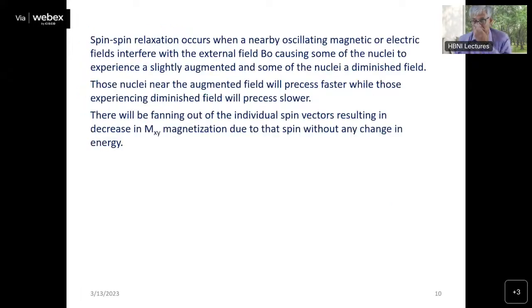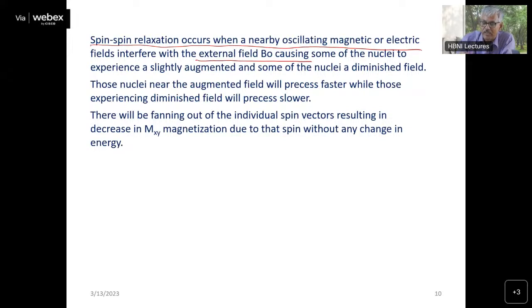But in a real case, this is not that true. So there is actually spin relaxation, and you have to know the mechanism. How does the relaxation happen? It is because of the nearby oscillating magnetic or electric fields, which are slightly reducing or augmenting the external magnetic field.